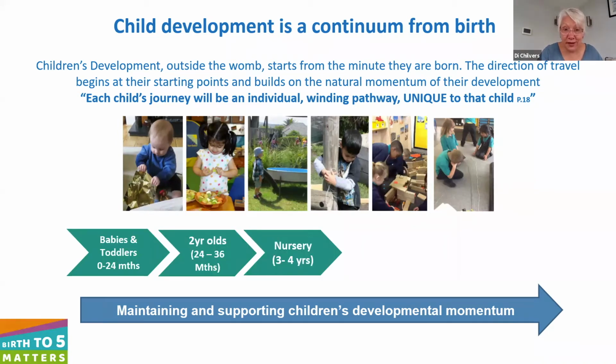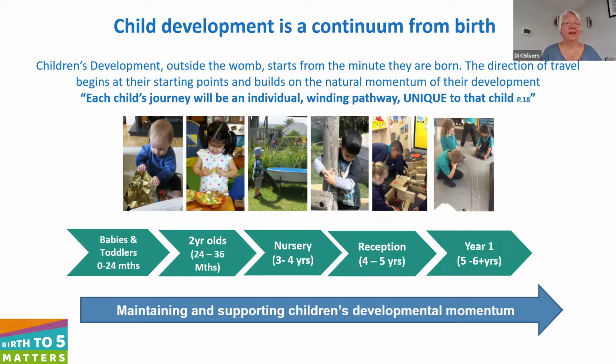So as they grow, as they move through being a baby and a toddler and into a 2-year-old, very specific development there. And as they get older, they are really building on what came before them, and we need to always think about how we maintain and support children's developmental momentum.